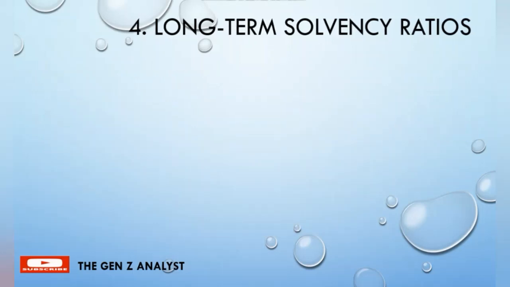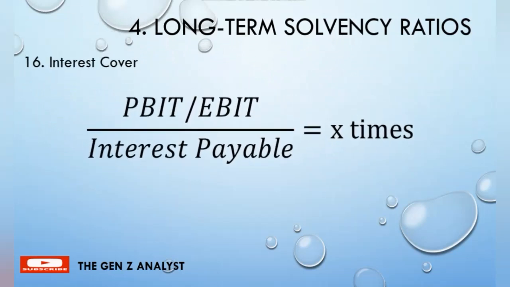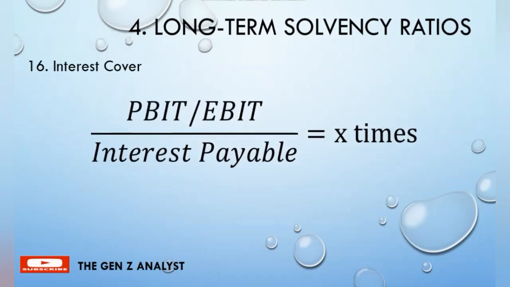All right. Then the second one is the interest cover. The interest cover shows whether a company earns enough profit to be able to pay its interest comfortably. So the interest that the company is supposed to pay on its long-term debt, are we generating enough profit to be able to pay for that interest payable?